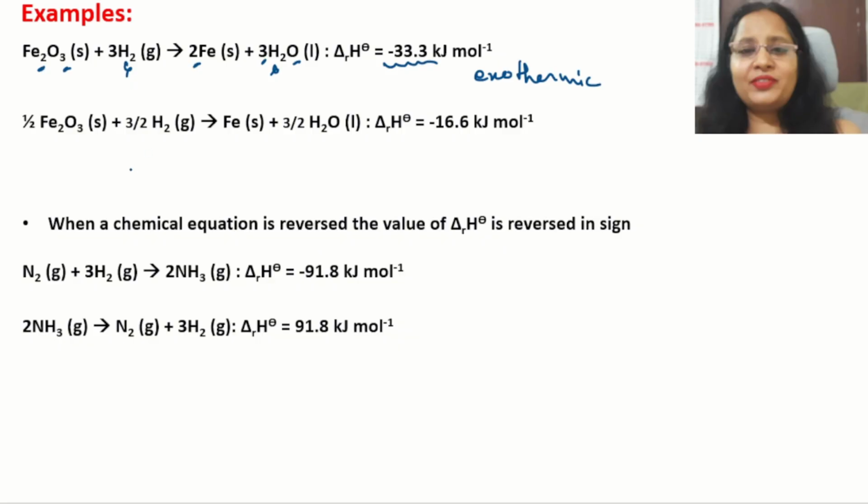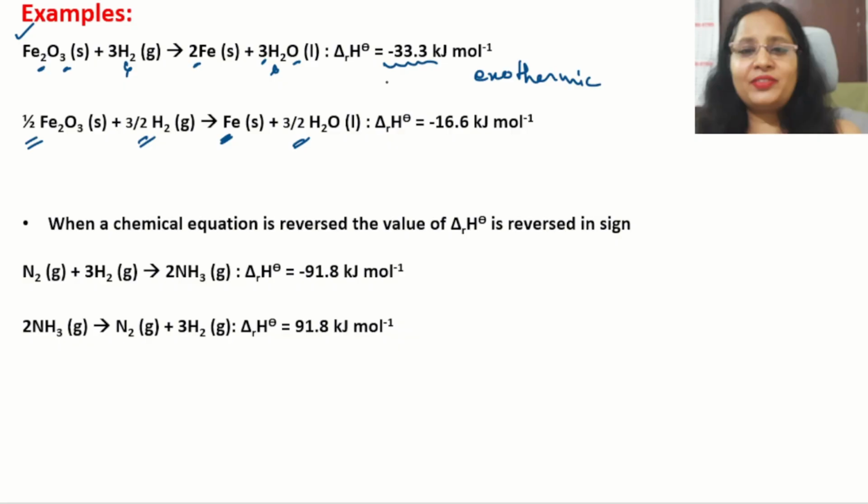Now a little bit different. If the same reaction is done with different stoichiometric coefficients, like in the first part we took 1 mole of Fe2O3, now if we take half a mole of Fe2O3, then we take 3/2 of hydrogen, and it gives 1 mole of iron and 3/2 moles of H2O.